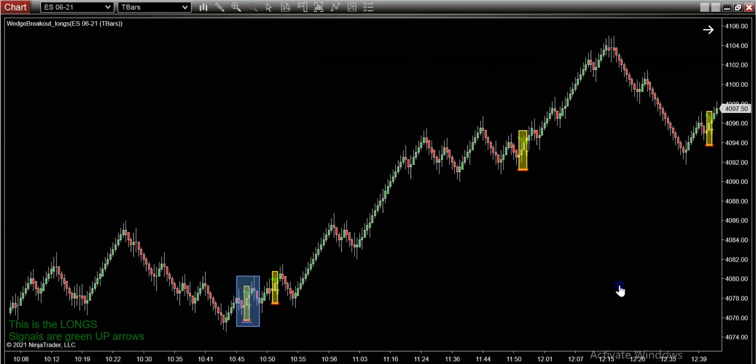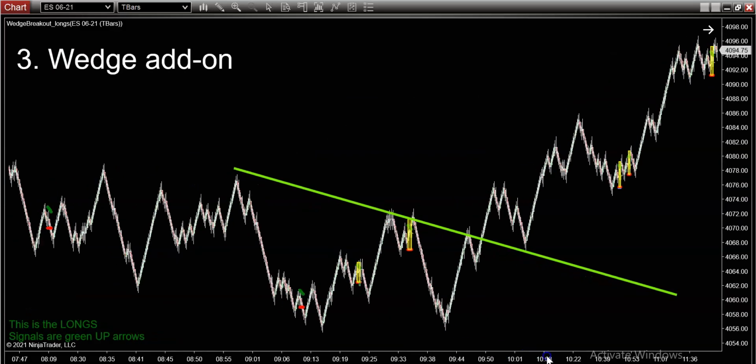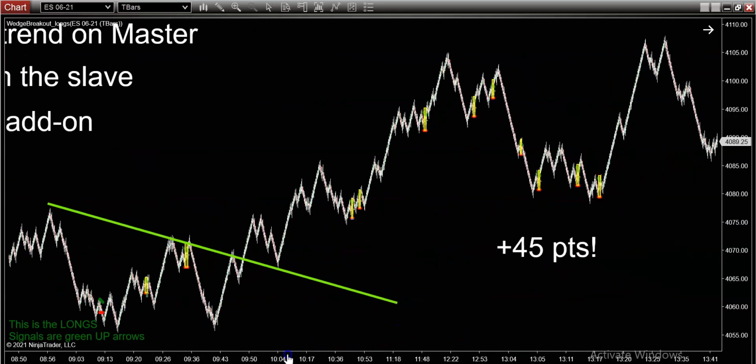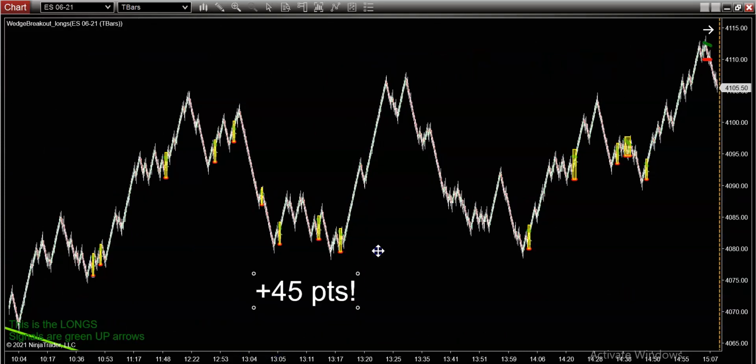Make the charts look exactly like this, where you get nice low risk setups within the context of a higher time frame. My friends, that is how you capture gigantic, astronomical winners in any market. Futures, Forex, stocks, options, it's all the same.